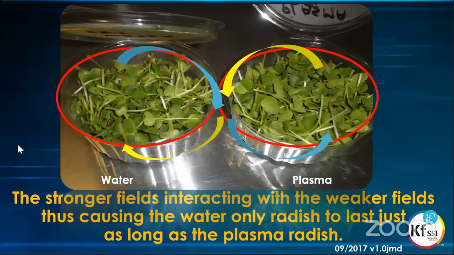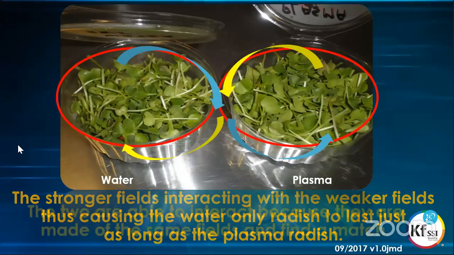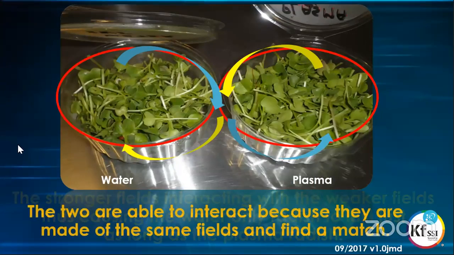And that's why the water radish has lasted just as long. And they're able to interact because they are made of the same fields. So we found a match because both are made of the daikon radish, and so the fields were able to interact with each other.